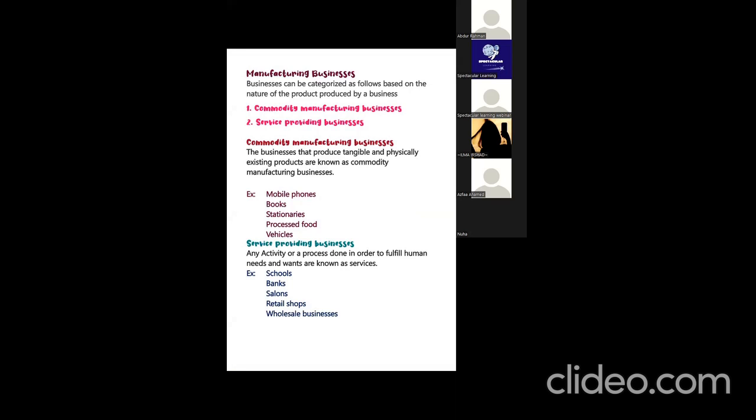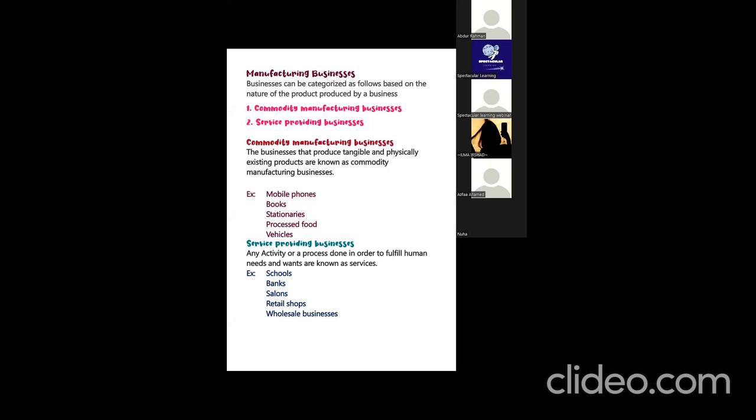Now let's move on to manufacturing businesses. This business can be classified mainly into two: commodity manufacturing businesses and service providing businesses. Commodity manufacturing business means the businesses that produce tangible and physically existing products.